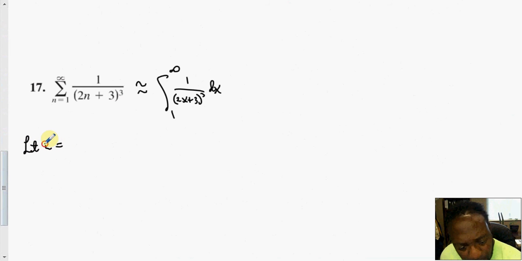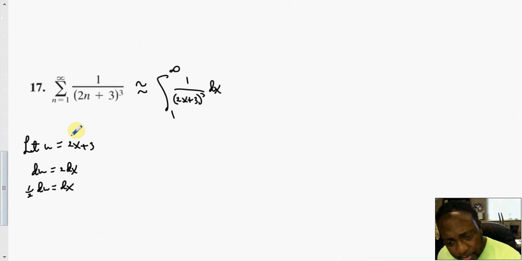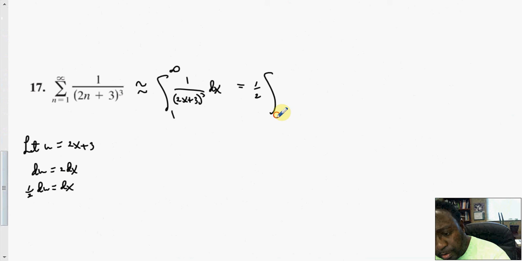Let u equal 2x plus 3. So du is 2 dx, and 1/2 du is dx. So we get 1/2 times the integral from 1 to infinity of u to the negative 3rd power du.